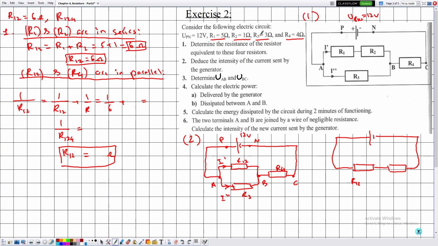So 1 over R123 is equal to 1 over 2, which means that R123 is given by 2 ohms. So this is R123, and this is R4. This is the point B, this is the point C, this is the point A.